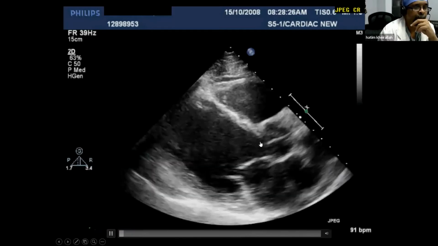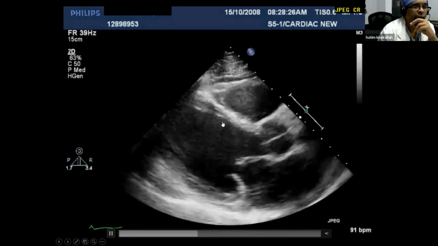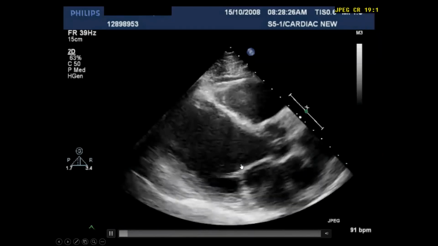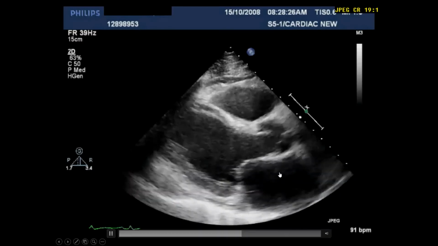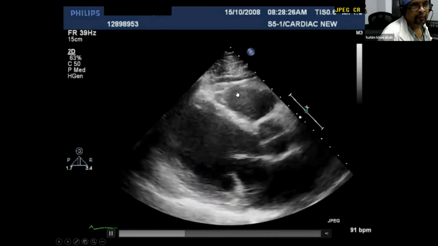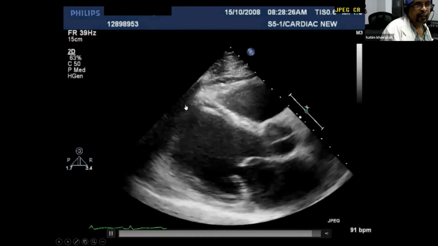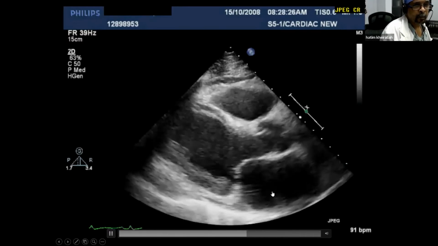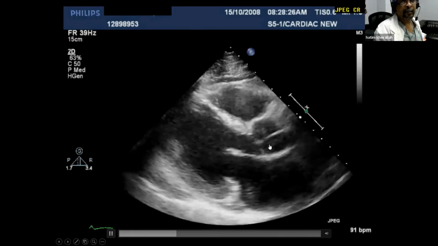The septal wall. Oh yes, you're right. Okay, so this is the right side, RV, LV, anterior septum, posterior wall, posterior leaflet, anterior leaflet, aortic valve.